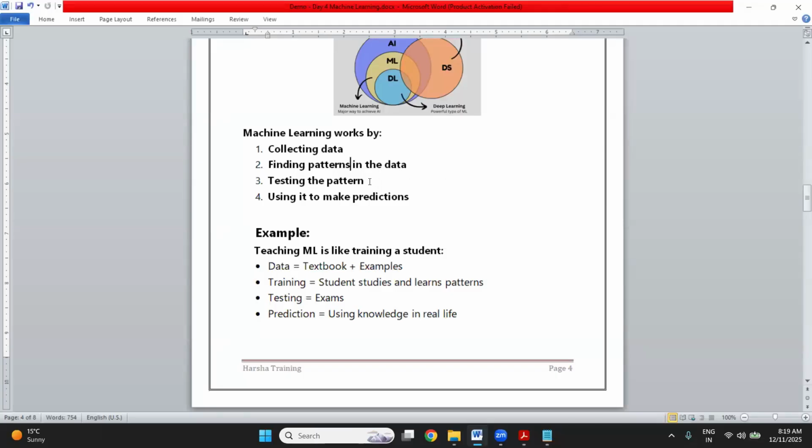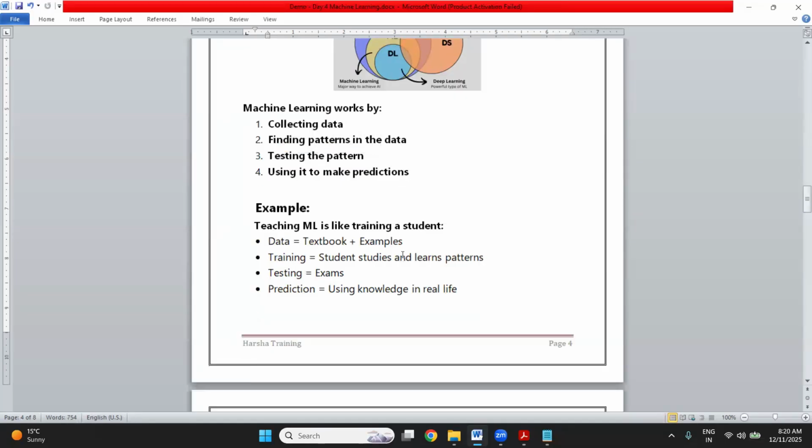That result will depend on the pattern collected by the algorithm. The set of common information or common structure will be provided as output to the user. Then, of course, we use it to make predictions. Finally, the predictions will be made depending on the pattern generated by the algorithm, and it will provide the predictions.